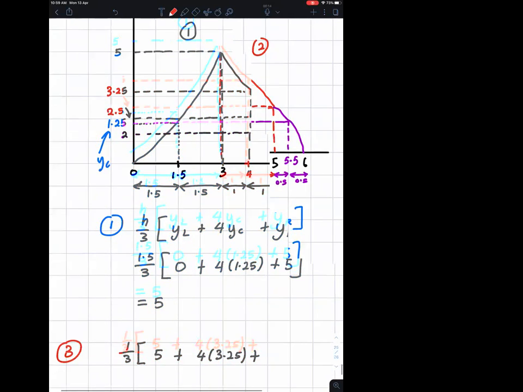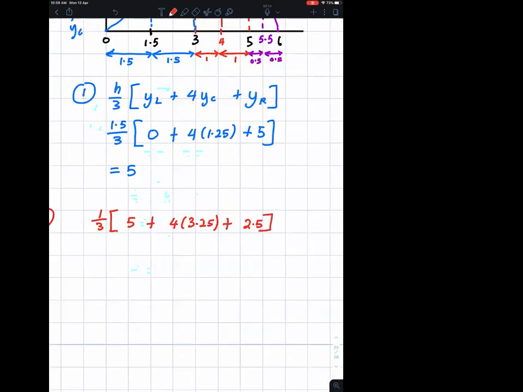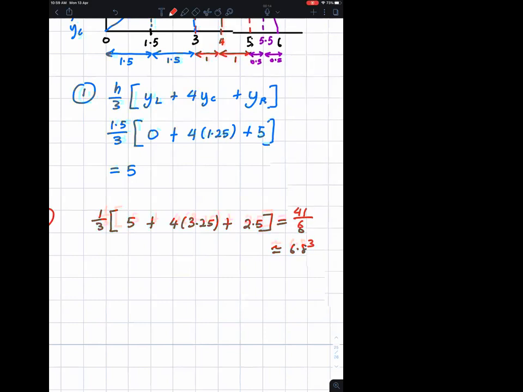Good job. Which equals 41/6, which is approximately 6.83.